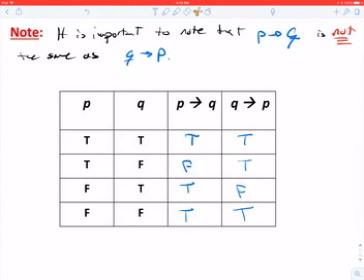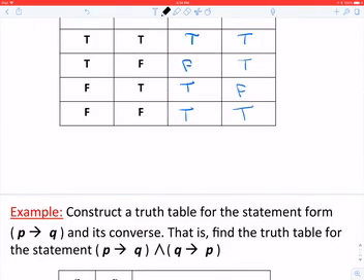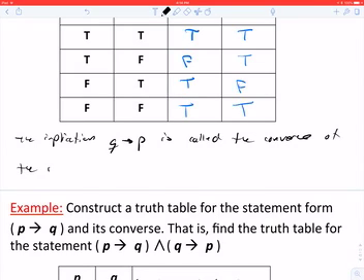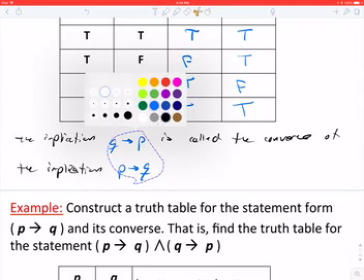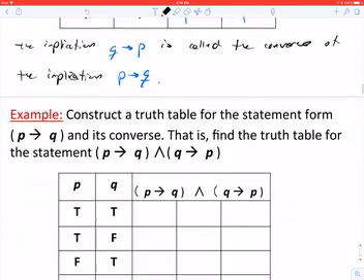Okay? So the implication Q implies P is called the converse of the implication P implies Q. Okay.